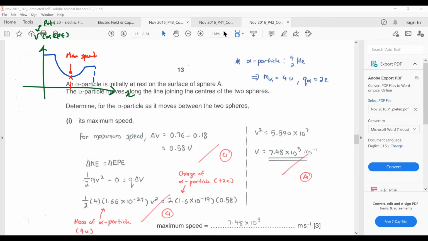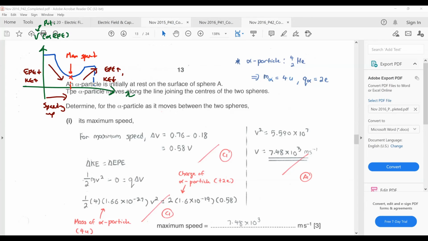In your case here, if I move from here to here, my EPE is dropping, my KE is increasing. But when I move from here to here, my EPE is increasing, but my KE is dropping. So it implies that from here to here, my KE is increasing, I am speeding up.